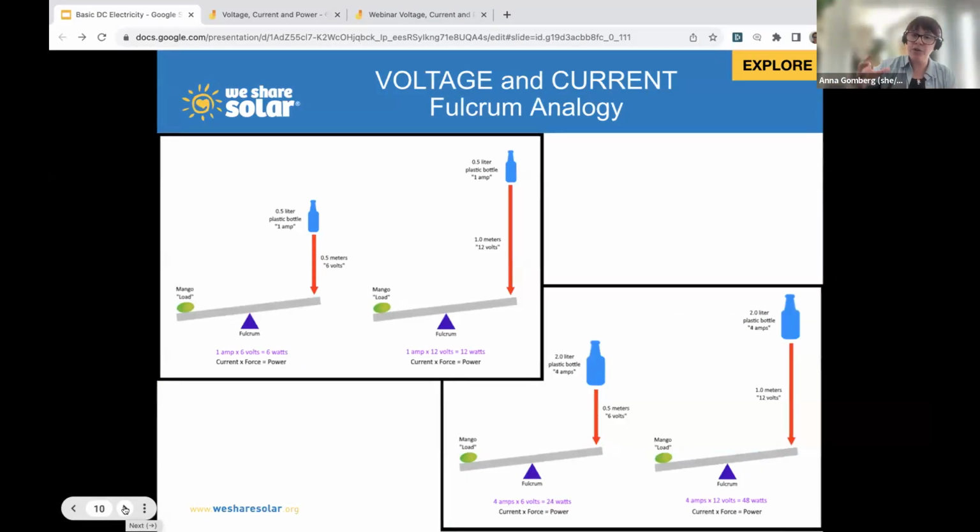If you really want to go all out and do this properly, or you could just estimate, but if you have 2 different size containers, and you can mark out heights, then when you drop the container, you say this container represents 1 amp, and the larger container represents another number, 2 amps, or in this case, 4 amps, and have them in comparative sizes. So a 4 amp container would be 4 times the size of a 1 amp container.